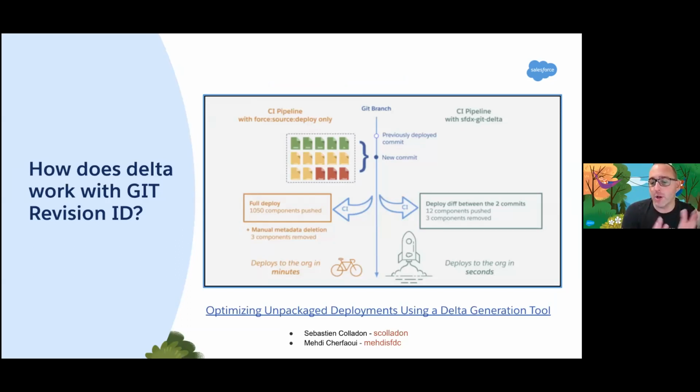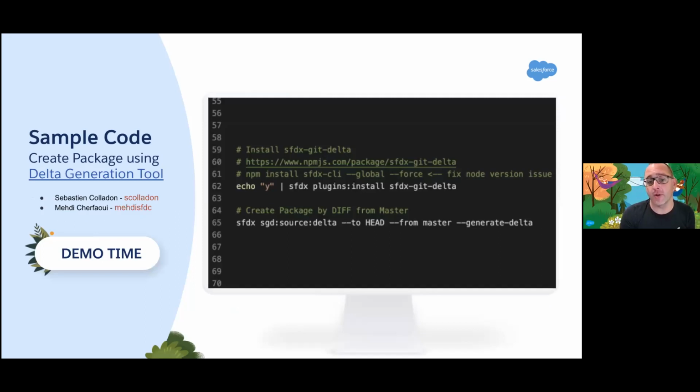We're going to be showcasing the Delta tool here, which is going to provide the files, automatically provide our package XML, and it will automatically provide us a destructive file used to destroy components that you've deleted out of the repo.